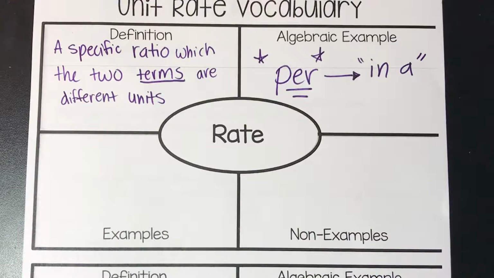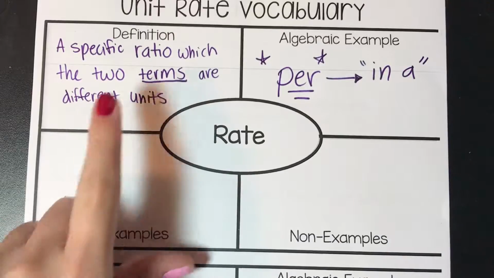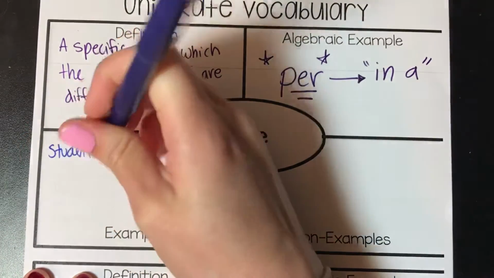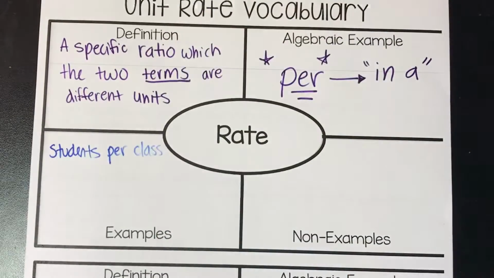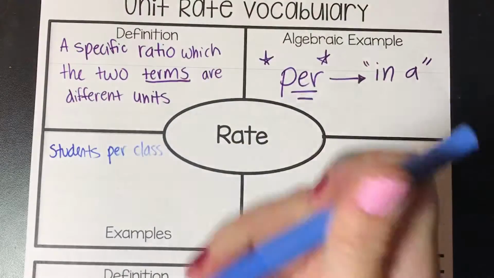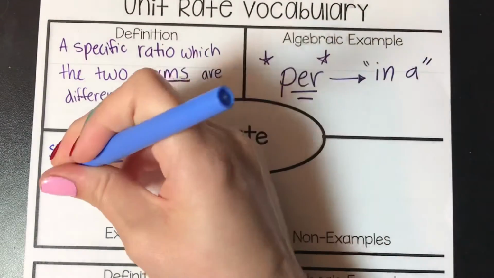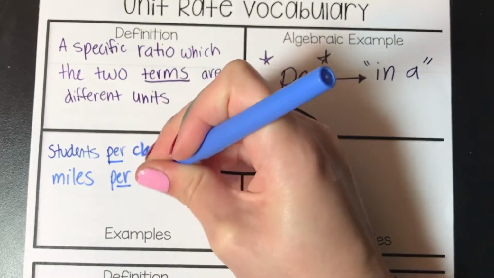One rate I can talk about, it's a ratio. I'm comparing two things, but the terms have to be different. So for example, students per class, or miles per hour.